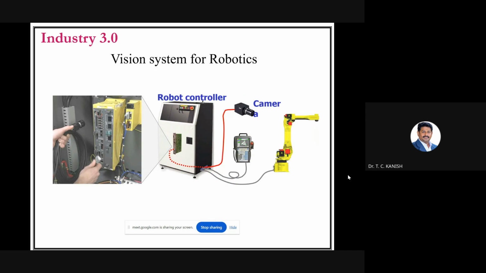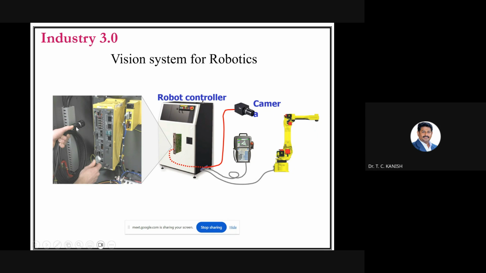And how do we connect the camera with the robot controller? As I already said, the robot controller is a separate RJ3iC controller. In the RJ3iC controller, if you open the panel, you can see inside the panel like this.